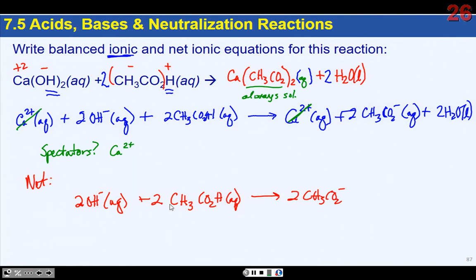They're aqueous now. And 2 water molecules. Well, guess what? This could be one step simpler, right? We can take out all the 2's, and we end up with aqueous hydroxide combines with acetic acid to make acetate ions.